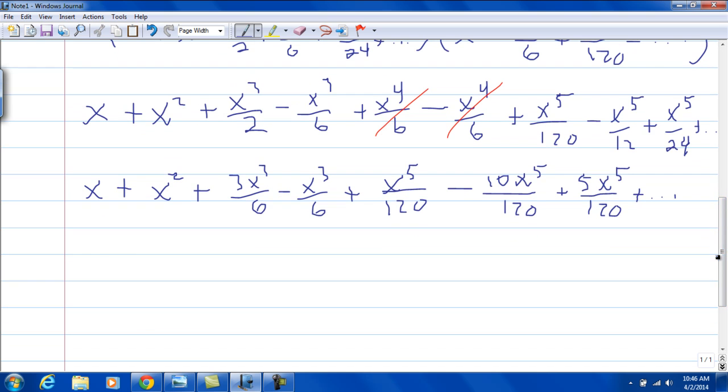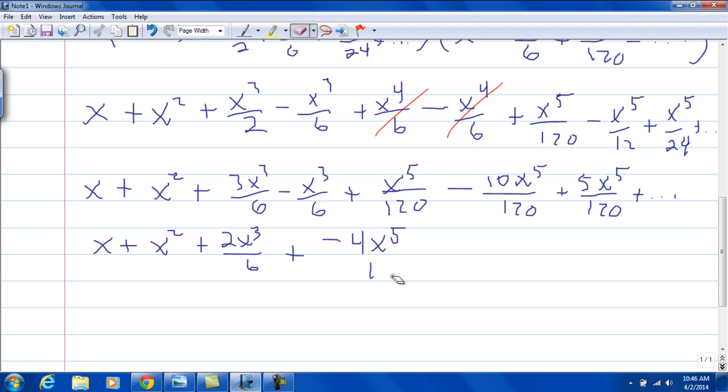So we have x plus x squared plus 2x cubed over 6 plus, now we have an x to the fifth minus 10x to the fifth is a negative 9x to the fifth. Negative 9x to the fifth plus 5x to the fifth is going to be negative 4x to the fifth over 120. So we can reduce this a little.